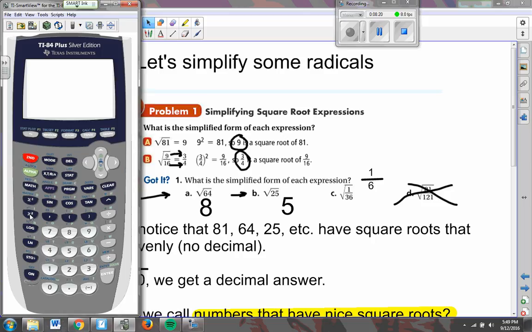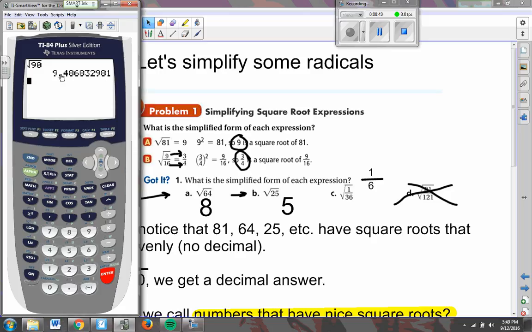So I hit second, and I hit x squared, and it brings up my radical symbol on my calculator screen here. And then I just punch in whatever number it is that I want to take the square root of. And here I wanted to take the square root of 90. So I take the square root of 90, and I hit enter. And you'll find that I do get some decimal number that's very long and complicated, right? It does not come out evenly. I end up with a decimal number here.